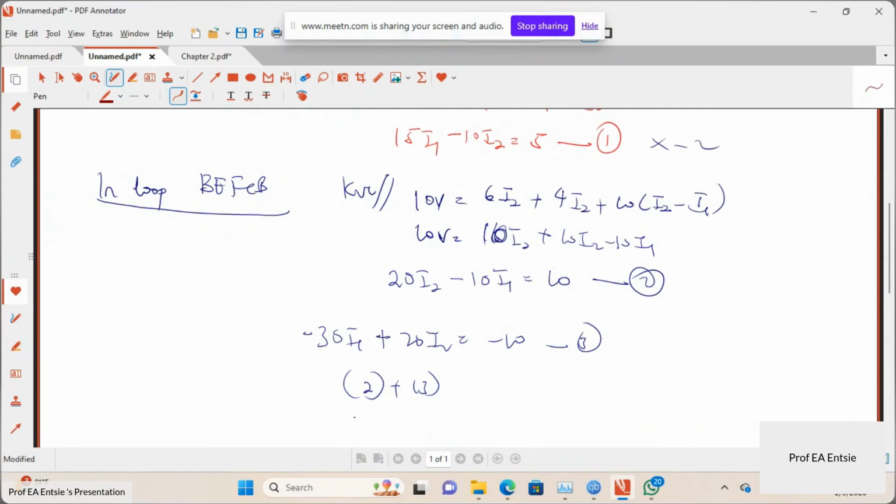So if you add 2 to 3, you'll be getting minus 40I1 equals this plus this, right? So 2 and 3.